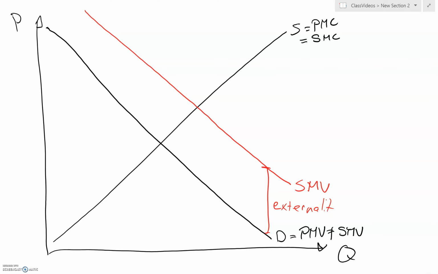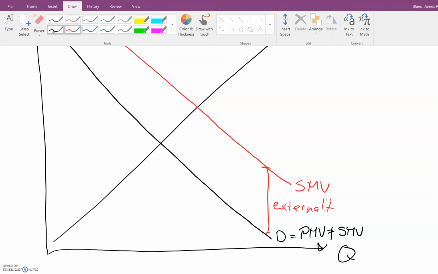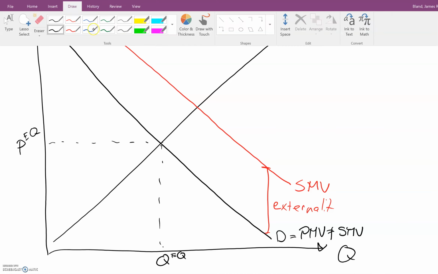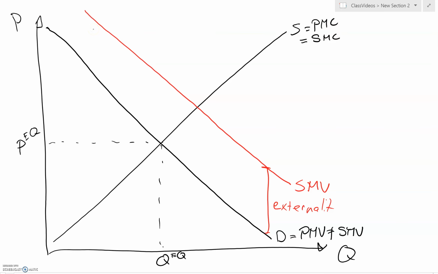To begin with, let's label on our diagram what happens in equilibrium if the government does not intervene. Here we have our equilibrium quantity and our equilibrium price. But as I showed you in the initial positive externality video, the optimal quantity of trade is over here.